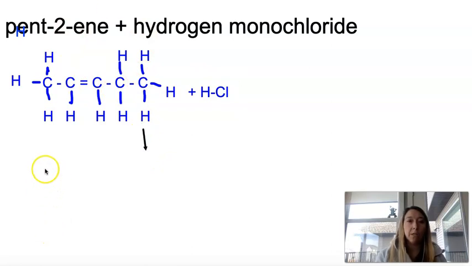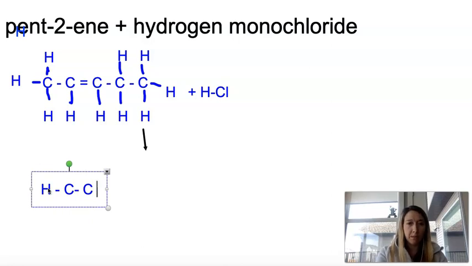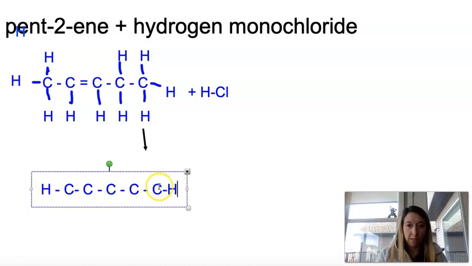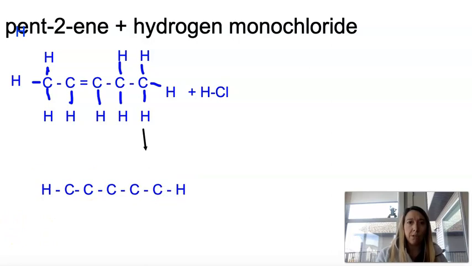So we are going to turn this into a single bond. So we're still going to have our 5 carbons. Okay, now everything has single bonds between it. We're filling in all those other hydrogens that we know we already had before.